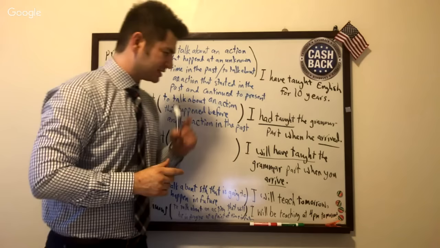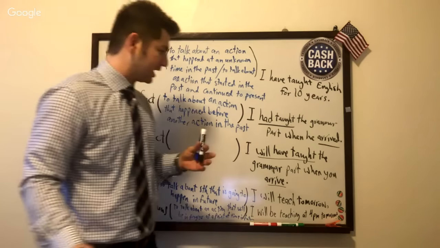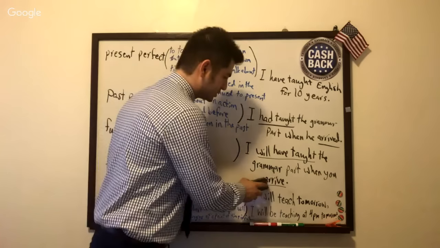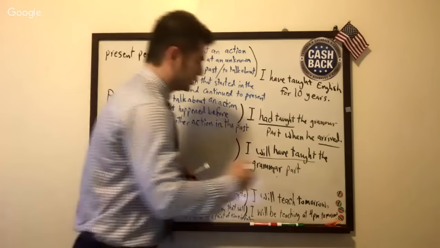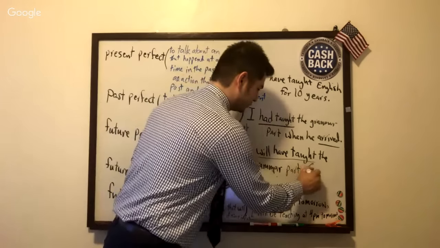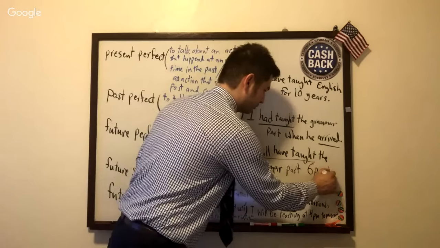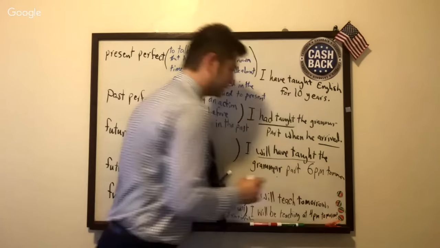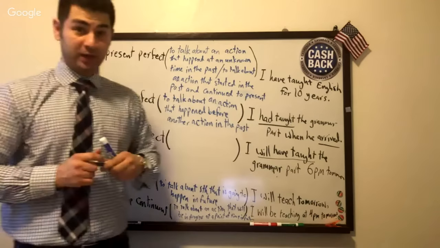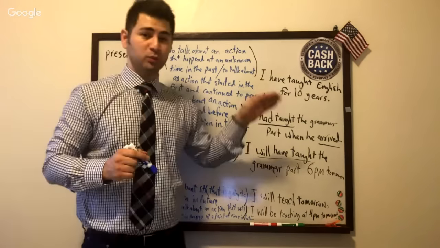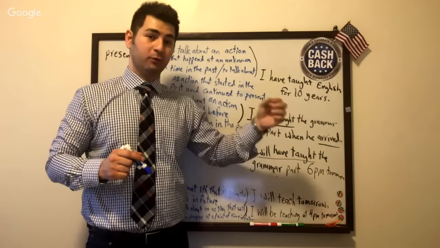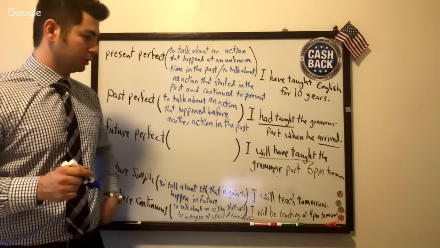You don't necessarily have to talk about two actions. It can just be a point of time in the future. So I'm going to change this to 6 p.m. Future perfect is used to talk about an action that will be completed before a point of time in the future.